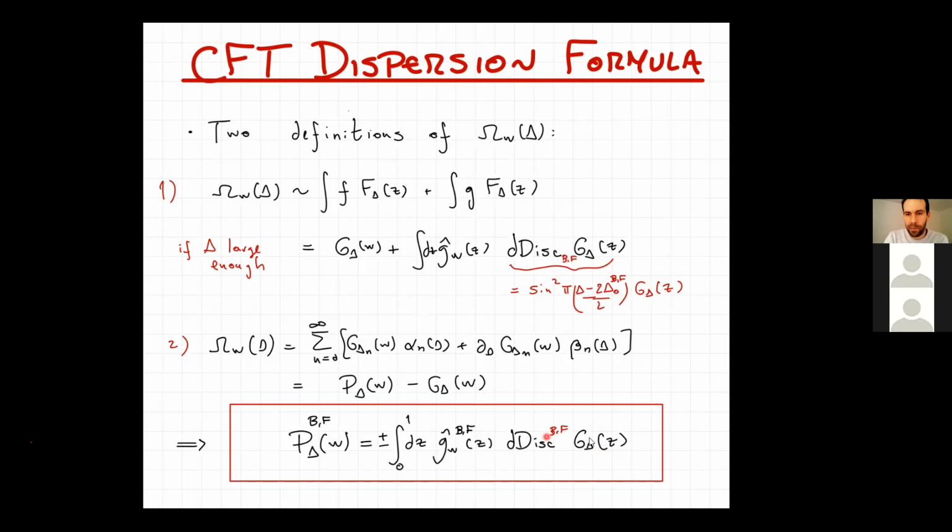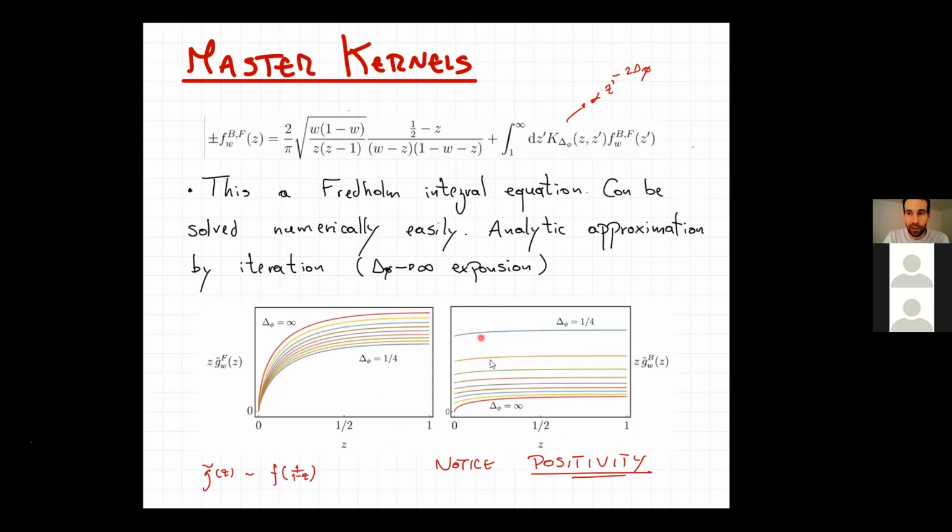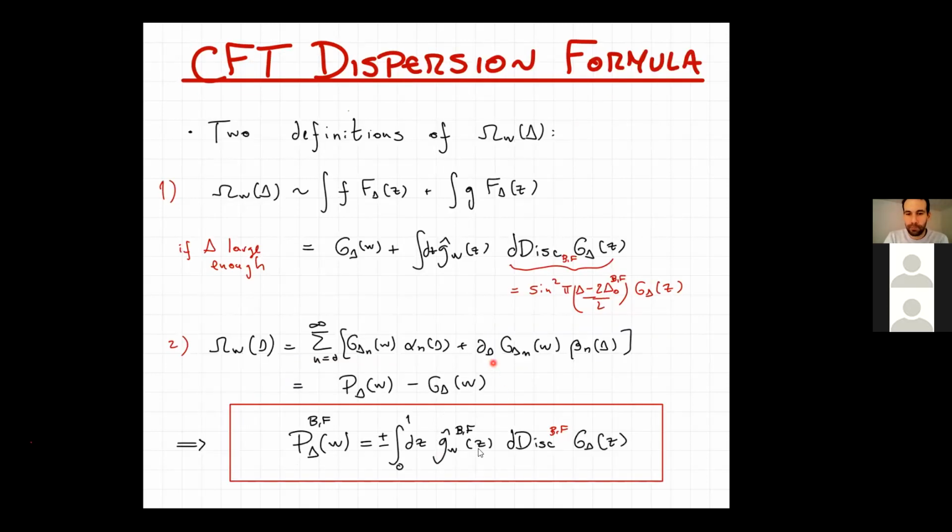It's sine squared times some hypergeometric function. Now, positivity of this kernel is not obvious at all. You have to plot it and check. It just comes out this way, but I don't know how to prove it. So unitarity is not delta bigger than minus a half. It is delta bigger than 0. Delta bigger than 0.